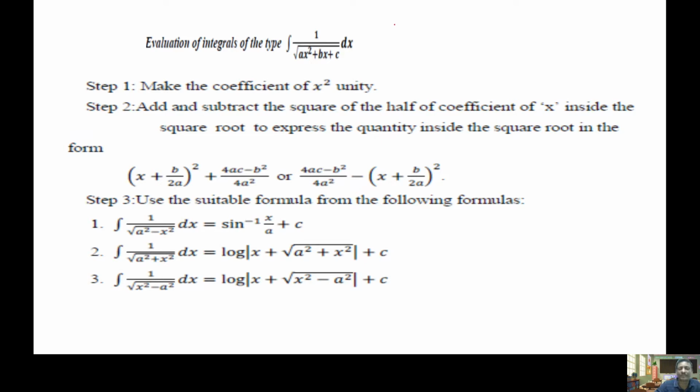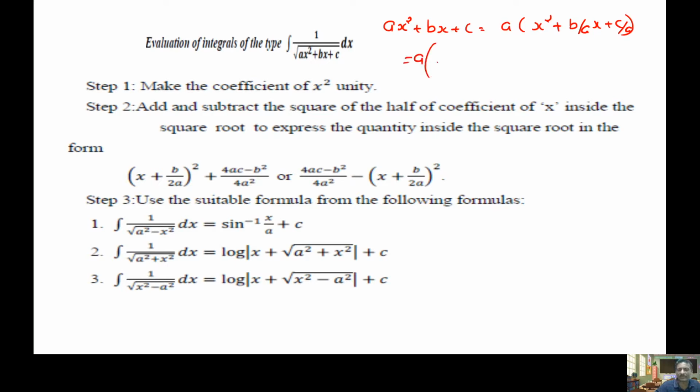So what you have to do, ax squared plus bx plus c, you can write it as a into x squared plus b by a x plus c by a. The first process is making the coefficient of x squared as 1.